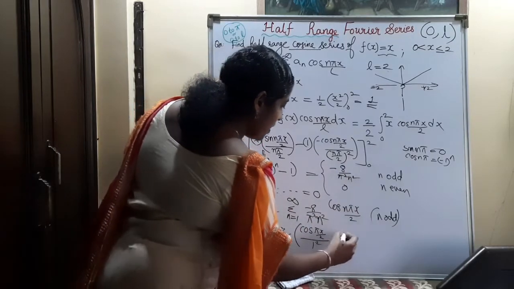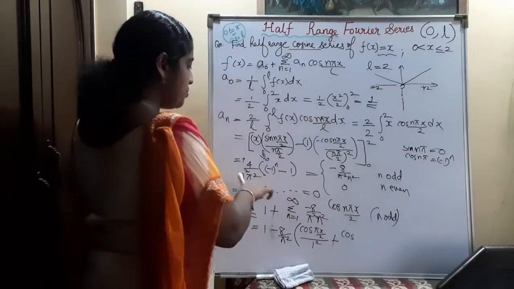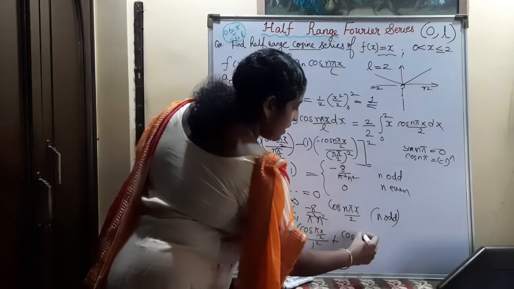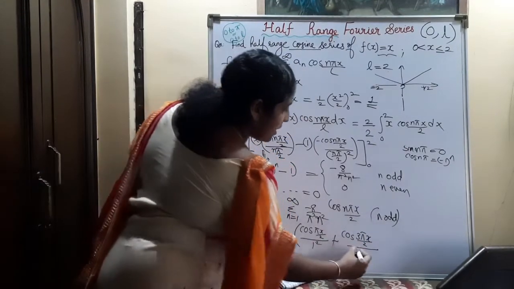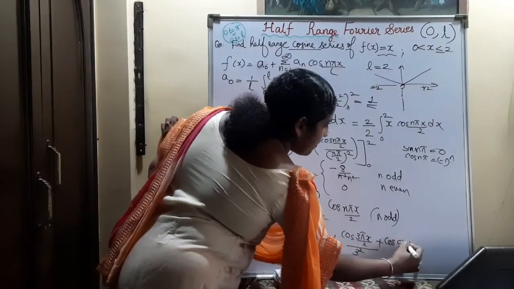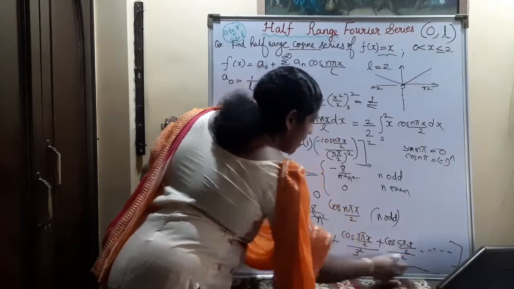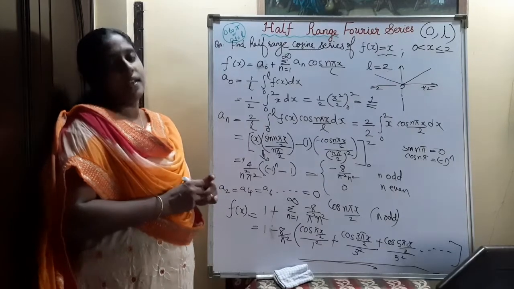So this is 1 square. Then next odd number is 3, on 2 this A2 becomes 0. So next odd number is cos 3 pi x by 2 divided by 3 square plus cos 5 pi x by 2 divided by 5 square plus etc., like this. So this is the half range cosine series of the given function.